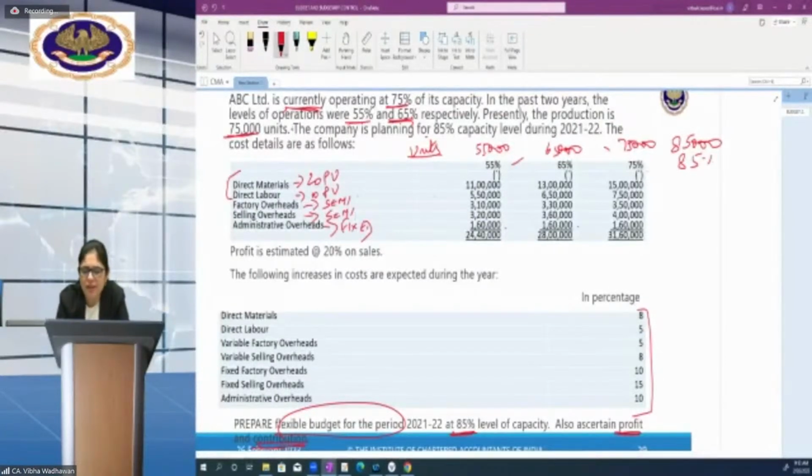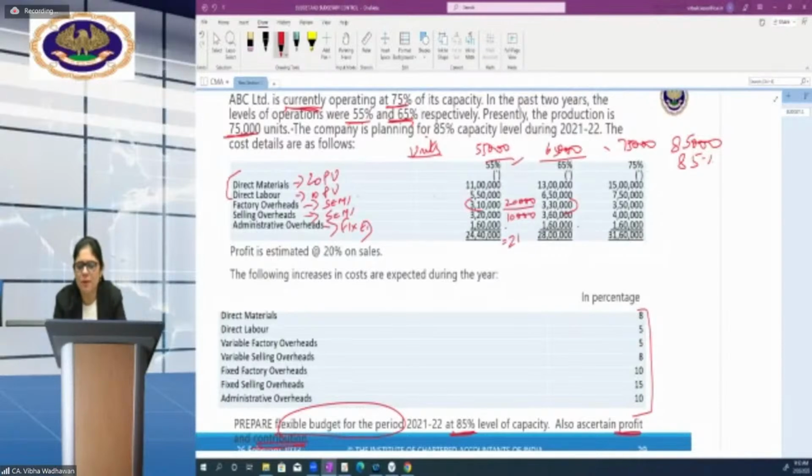Now these are factory overheads. Let's first see the factory overheads. Difference between the cost is 20,000: 3,10,000 and 3,30,000. Difference in cost divided by difference in units. So the variable cost per unit under semi-variable is 20,000 divided by 10,000.